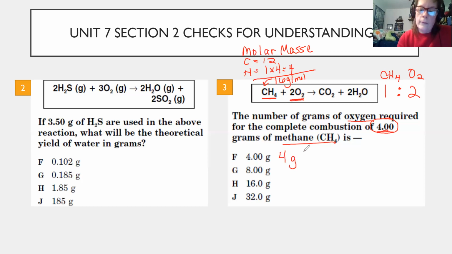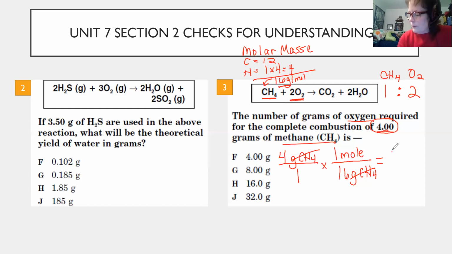We have 4 grams of methane, and we know that 1 mole of methane is equal to 16 grams. Those will cancel. If you plug this into the calculator, you get 4 divided by 16. That's going to give you 0.25 moles. Okay, so that's how many moles are in 4 grams of methane.